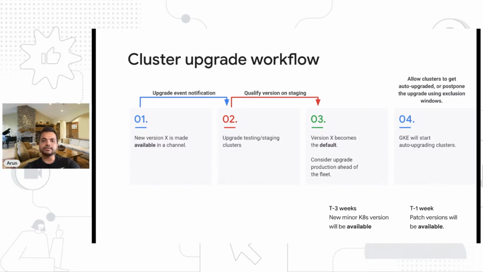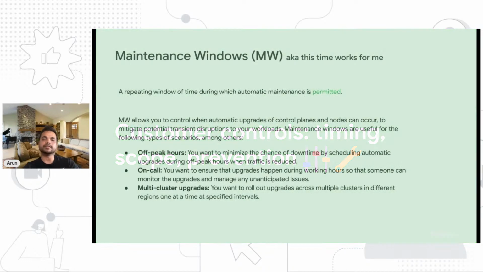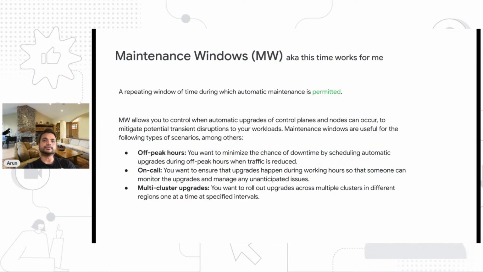So this is about the workflow, how the upgrade works. We can move on to the type of controls that we had at our disposal to prevent any sort of disruption as and when GKE starts upgrading your clusters, or you yourself start upgrading your clusters.